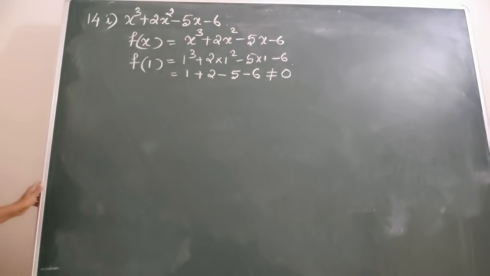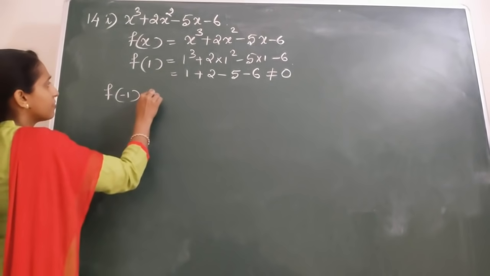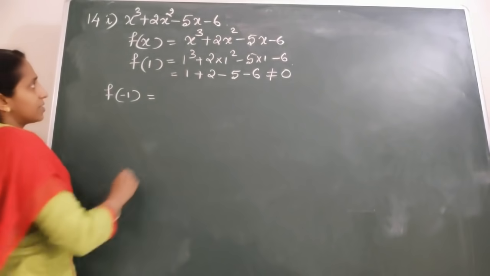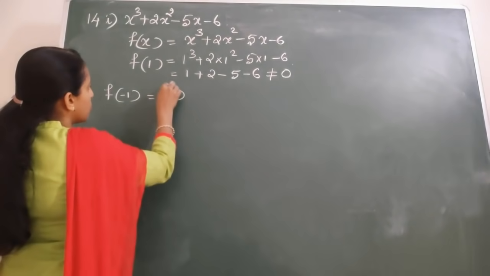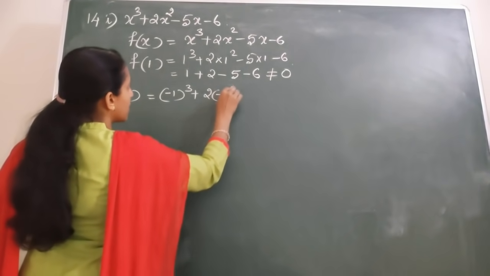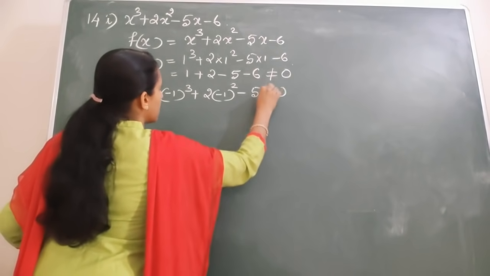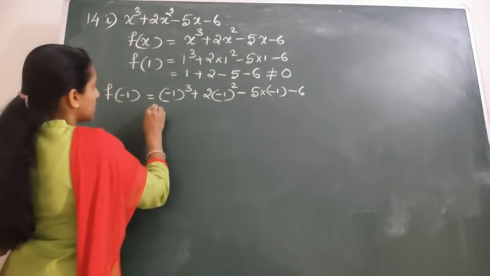Not possible. Then you will go for f of minus 1. That means minus 1 cube plus 2 into minus 1 square minus 5 into minus 1 minus 6. What will you get?